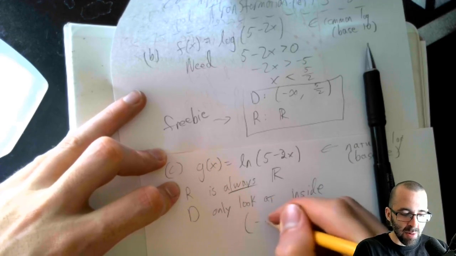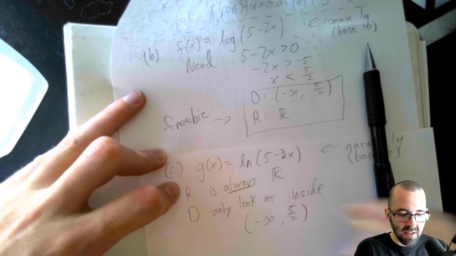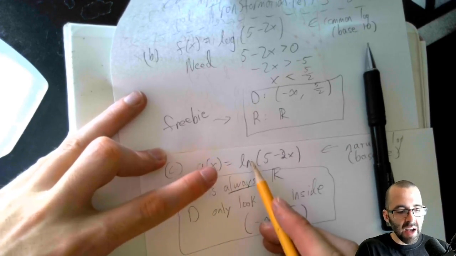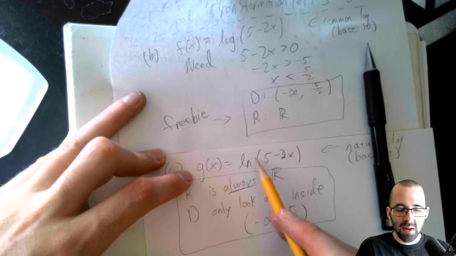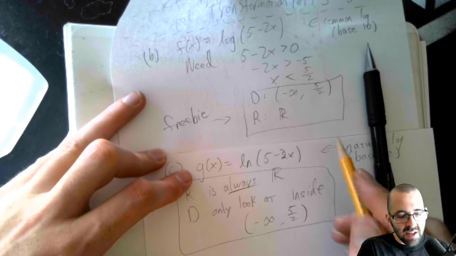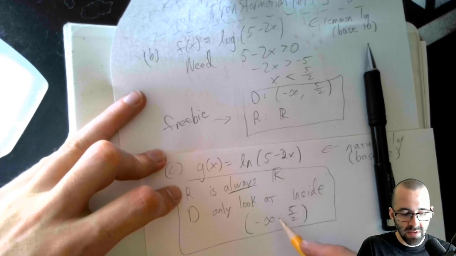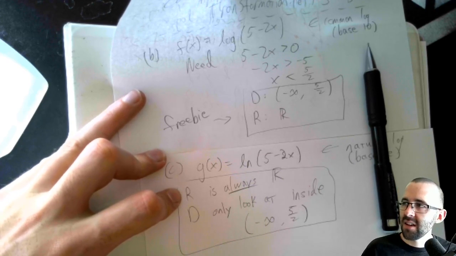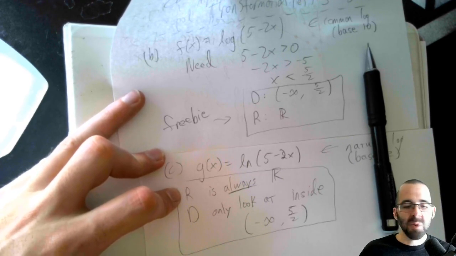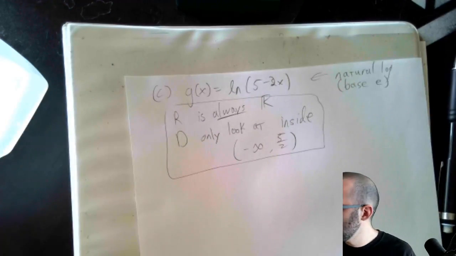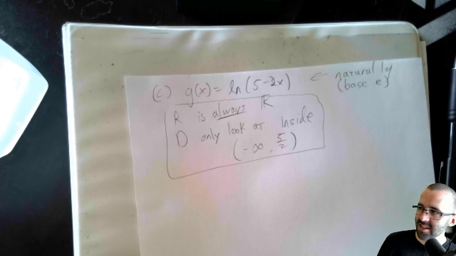It's just going to be the same as before, negative infinity to 5/2. So it doesn't matter whether we have the common logarithm, natural logarithm, or log base 2. Doesn't matter if there's a plus 22 on the outside, because the domain only looks at the inside. And the range is always all real numbers. A little trick there for anyone who likes doing things a little faster.